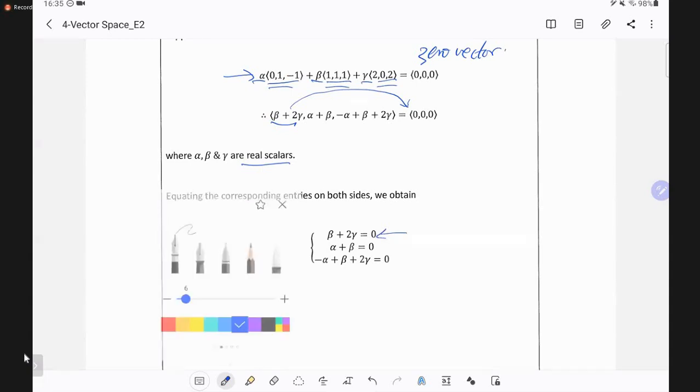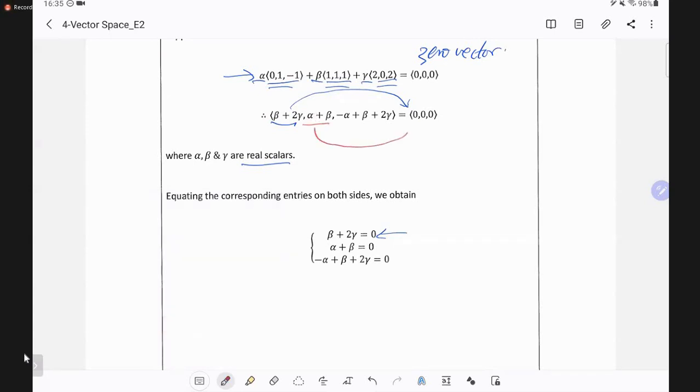Secondly, I connect the second element on both sides, so you can see alpha plus beta equals 0. Not to mention the last one, we compare both sides for the third element. I do something similar.